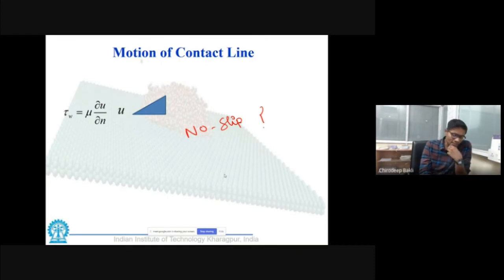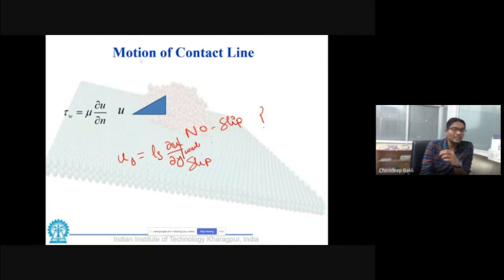So Navier did assume something which is called the slip boundary condition, which states that fluid elements next to the solid surface can have a finite velocity, and that can be given in terms of something called the slip length, which we would come and explain to you in a short while.